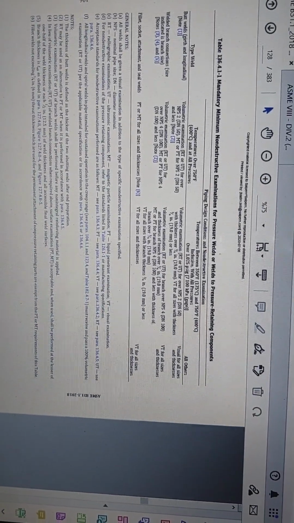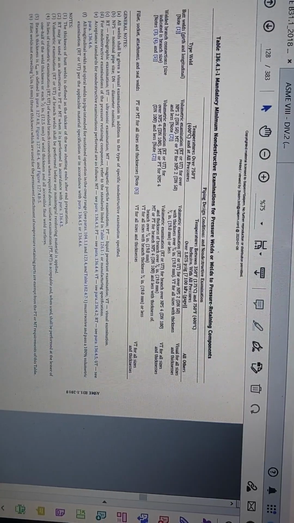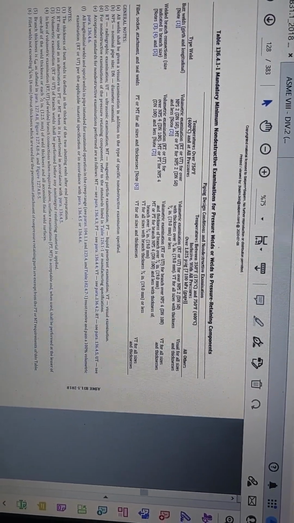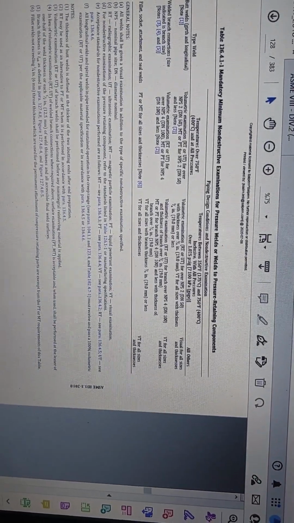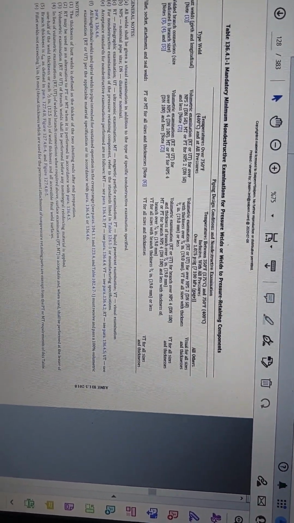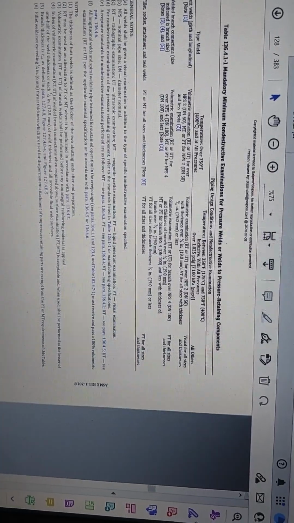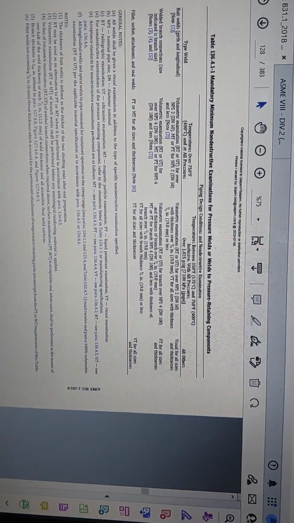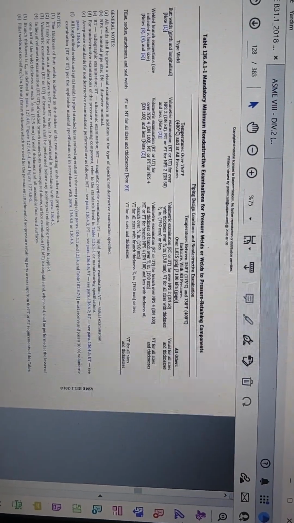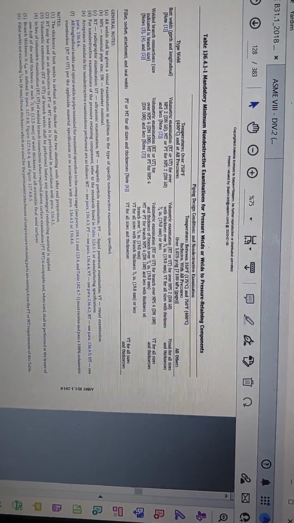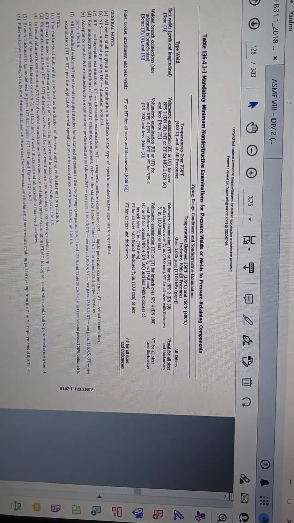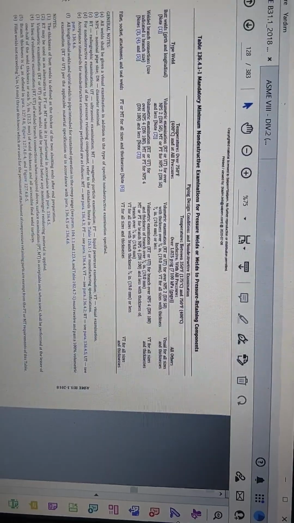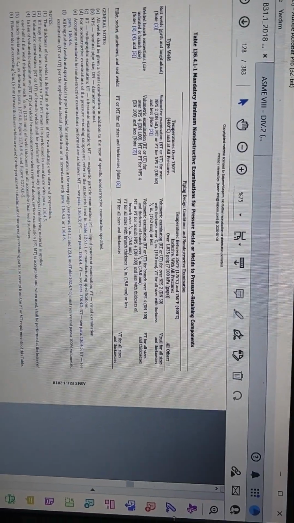For the branch connections, RT or UT for over nominal pipe size 4 with thickness over 90 millimeter, MT or PT for size 4 and less with thickness over 90 millimeter, and VT for all sizes with thickness 90 millimeter or less. For the fillet and socket welds, VT for all sizes and thicknesses.